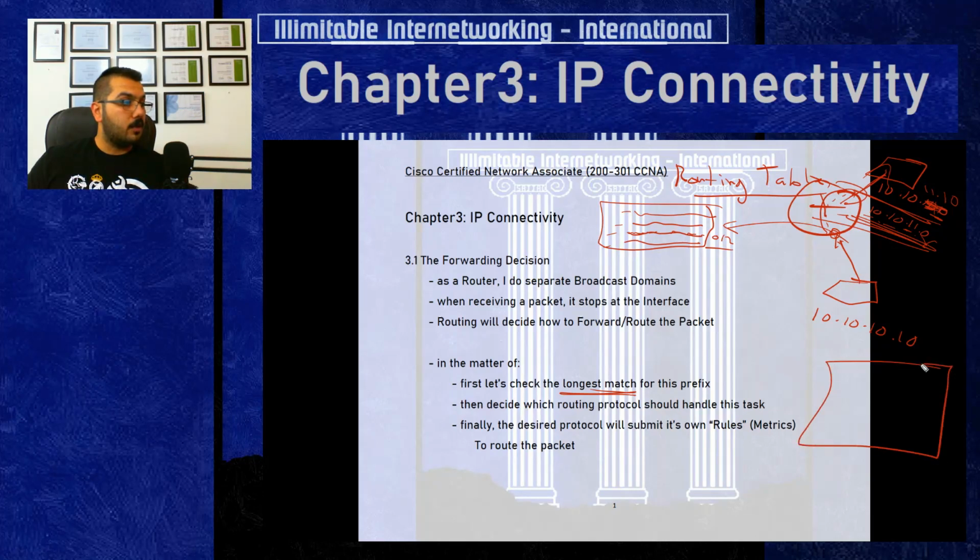Maybe you have mentioned the route 10.10.11.0/24 to maybe FastEthernet 02, and the route 10.10.11.0/28. This is a smaller subnet than this one. You must notice that this one is much smaller than this one.